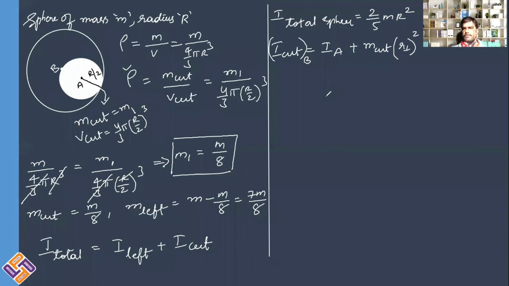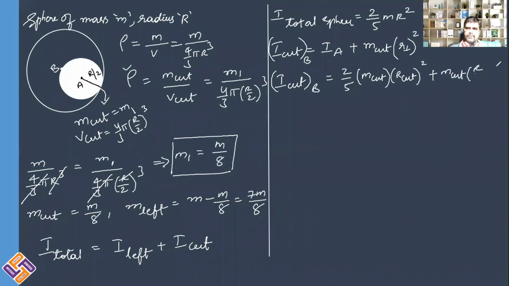Because we are calculating the moment of inertia with respect to axis B, not A. So therefore, the moment of inertia of the cut portion with respect to B is equal to the moment of inertia of the cut portion about A, that can be written as 2 by 5 mass of the cut portion into radius of the cut portion whole square plus mass of cut portion into R perpendicular is R by 2 whole square.